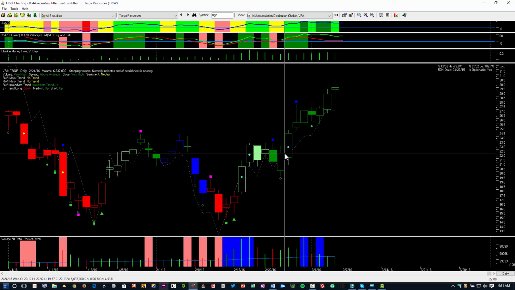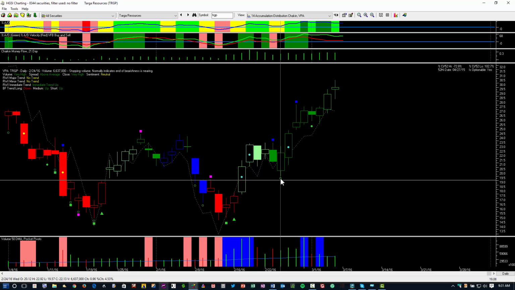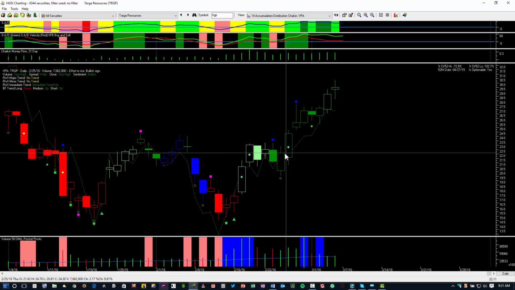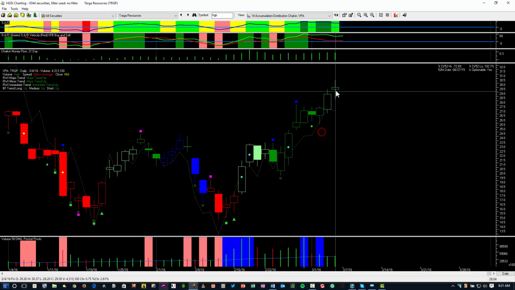I pointed out that I got into this stock right here. We had this stopping volume, and then when it broke past there, that's when my spread got filled, and it took off yesterday. I had the profit in.